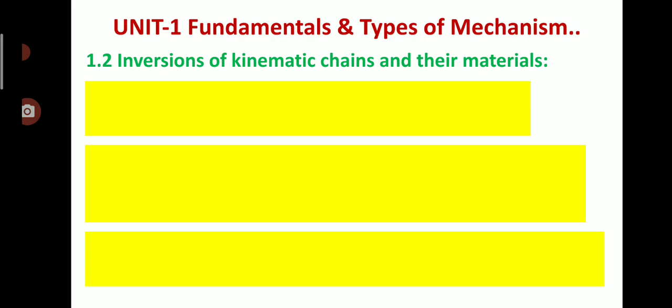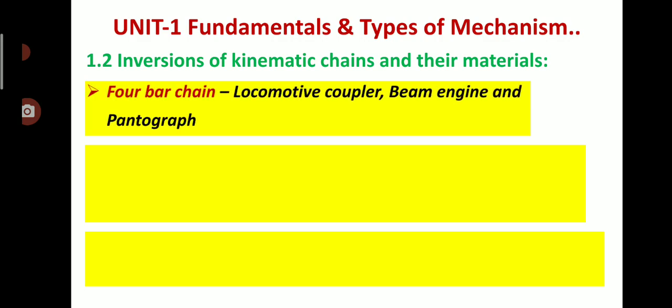So let us see which are the topics. First inversion is the 4-bar chain. On the basis of the 4-bar chain, certain mechanisms are developed: locomotive coupler, beam engine, and pantograph.